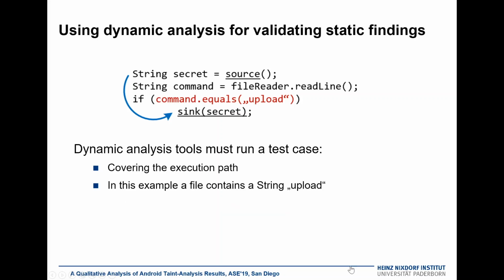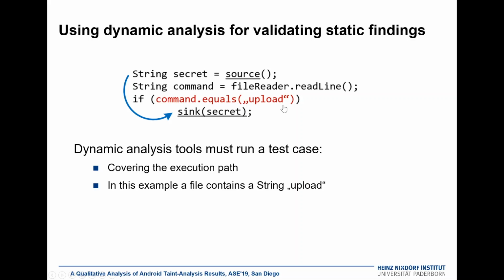Researchers have proposed using dynamic analysis to validate static findings. Dynamic analyses monitor concrete execution and can extract runtime values. However, dynamic analysis tools must run a test case which covers the execution path. In this example, the test case needs to provide a file which contains a string equal to upload.